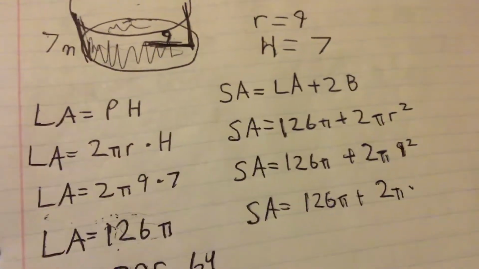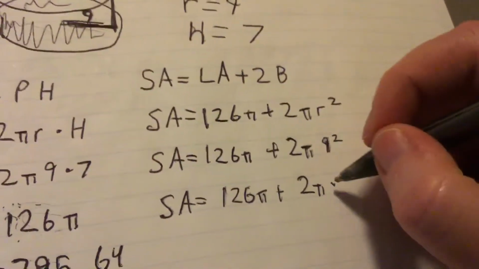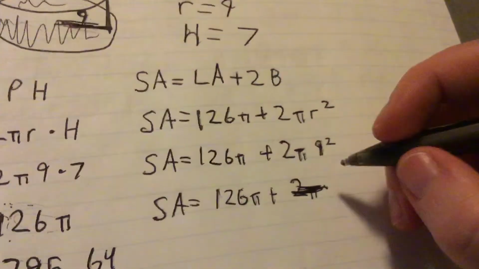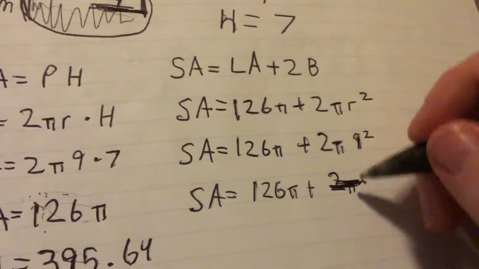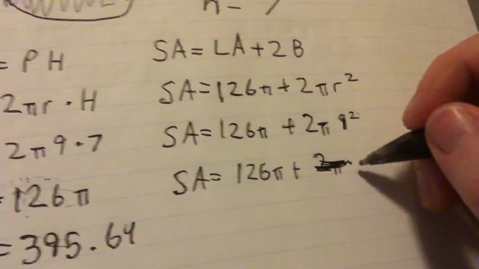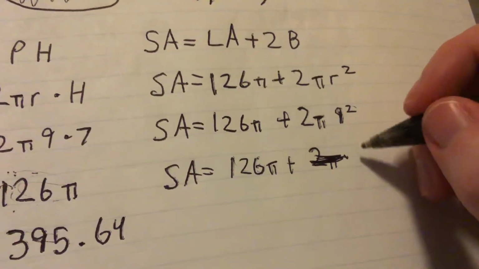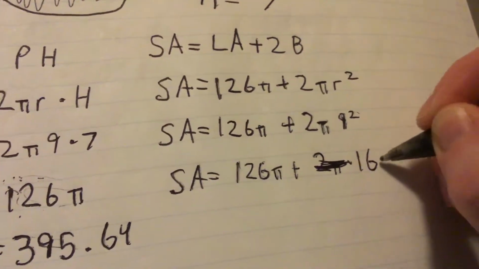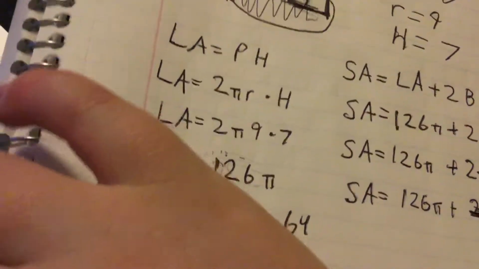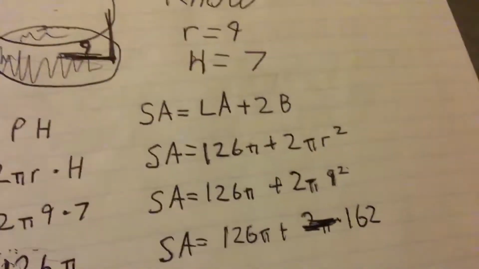Sorry, guys. Wrong number. Alright. Scratch that out. It is going to be 9 squared times 2. And no wonder I got the wrong one, which is 162 pi. Yep, pi. Alright.